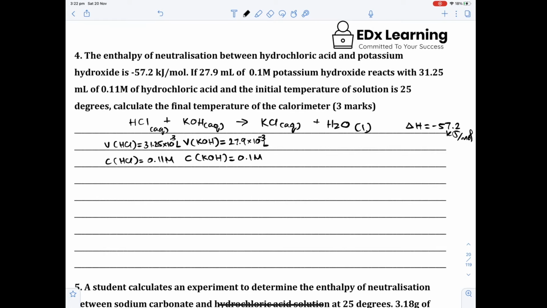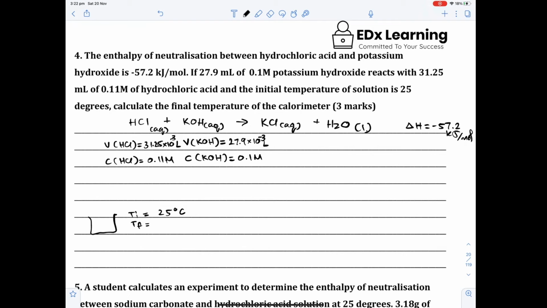Good. Now, do you all agree that's also separate to the reaction, right? Ti is more to do with the volume of water in which this reaction has occurred. So I'm going to do a little bucket of water here. Ti is equal to? Ti is 25 degrees.